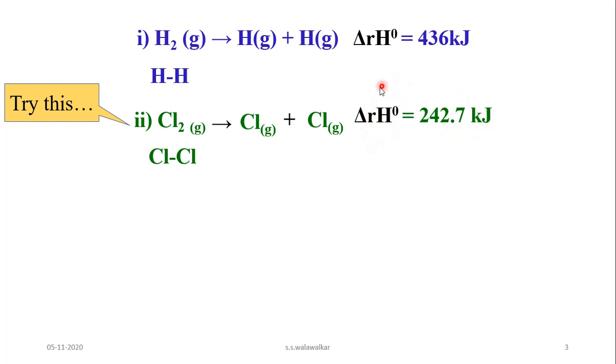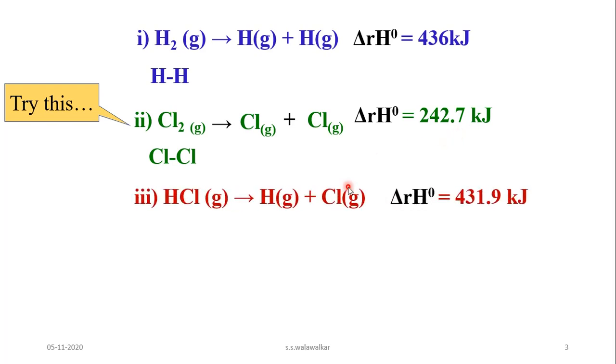So this is the standard enthalpy of reaction. It is also the standard bond enthalpy of chlorine-chlorine bond, and it is also the enthalpy of atomization, because 1 mole of chlorine gas molecule dissociates and gives 2 chlorine atoms, and the enthalpy change during this is 242.7. So it is the enthalpy of atomization of chlorine.